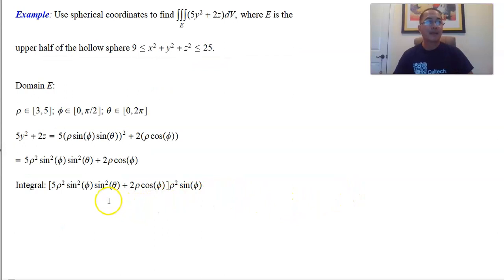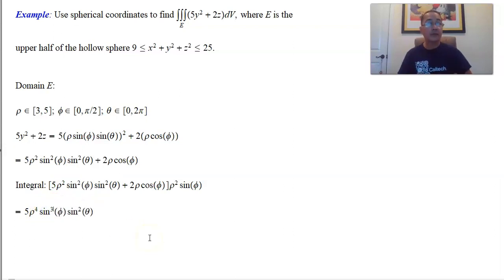So look what happened. Because of that y squared, we are going to have a sine squared of phi and another sine of phi, so we're going to have sine cubed. So we're going to get 5 rho to the 4th power and sine cubed phi sine squared theta.